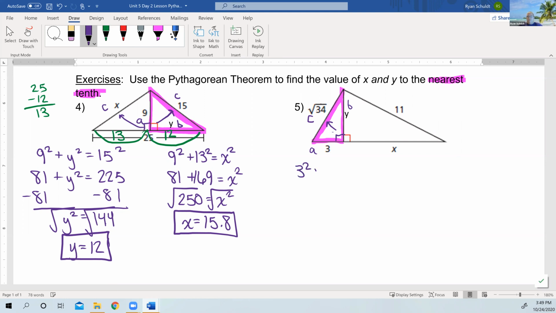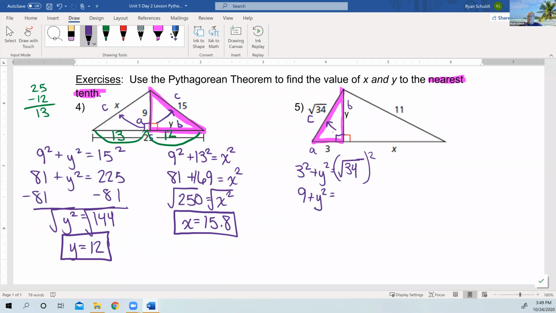So 3 squared plus y squared equals the square root of 34 squared. Well, let's see. 3 squared is 9 plus y squared equals the square root of 34 squared.